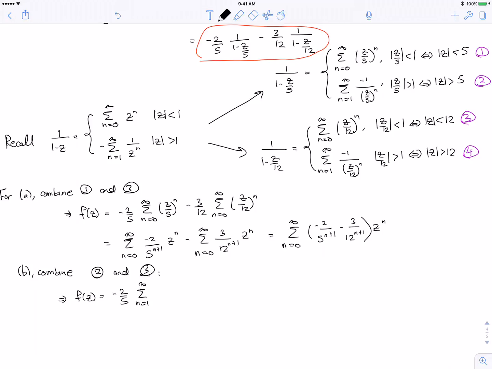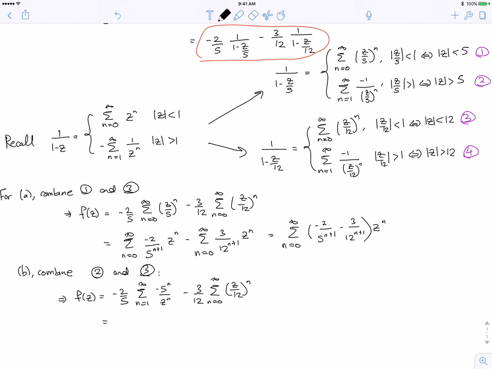I guess the series in 2, you can write that as negative 5 to the power of n on z to the power of n. Then I'm going to do minus 3 on 12 times the series in 3. So I'm going to write it like this.